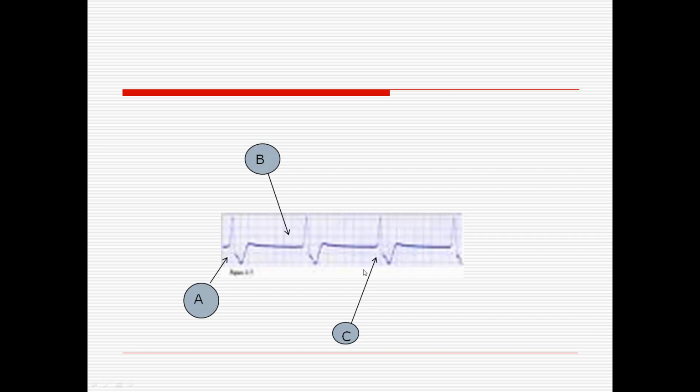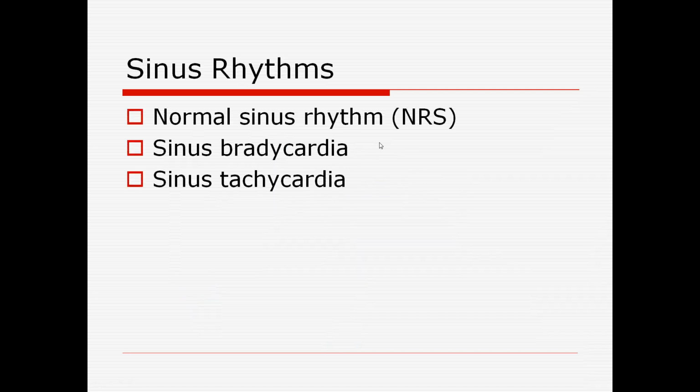It's wide. It tells me it's a ventricle initiated impulse. The ventricles are contracting. Notice it's much slower. If this was a 6-second strip, this is barely 40 beats a minute. So that's an example of a wide QRS, not a narrow. Wides are not normal. Something's going on with the heart.